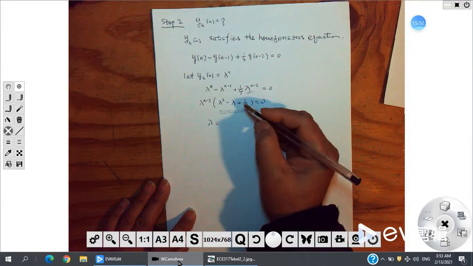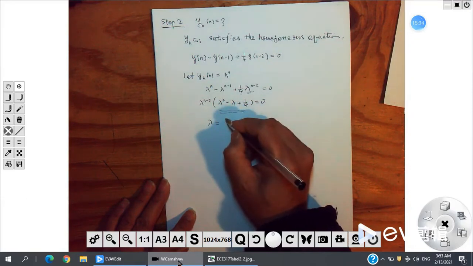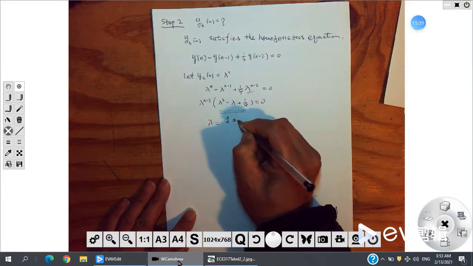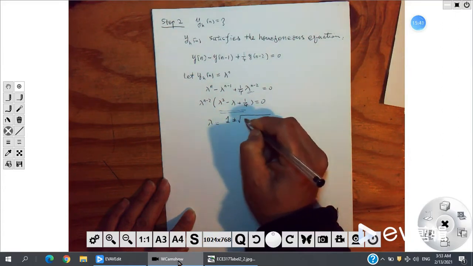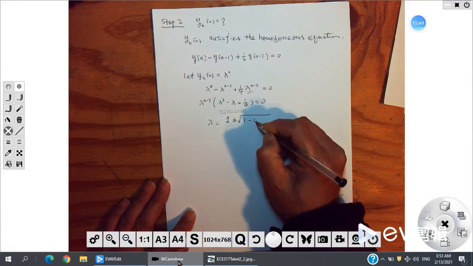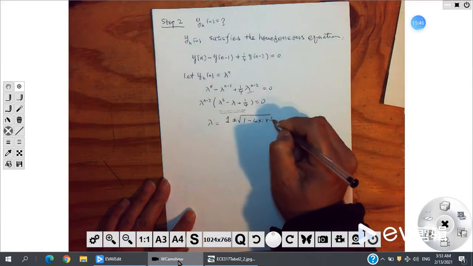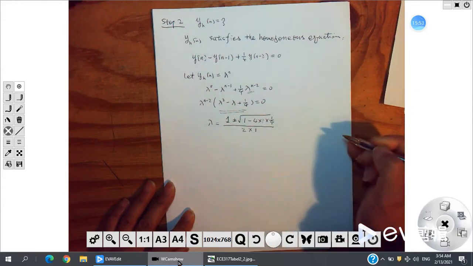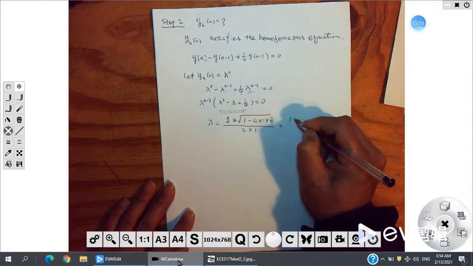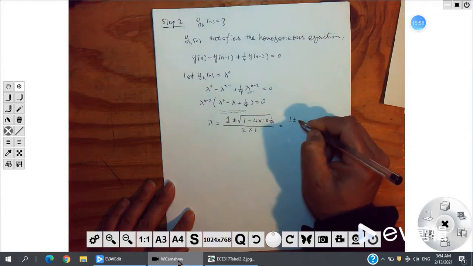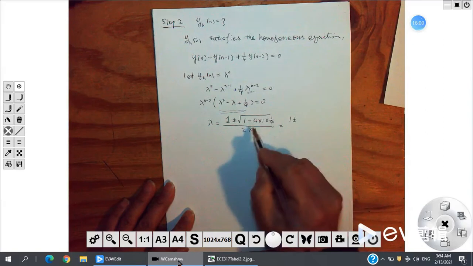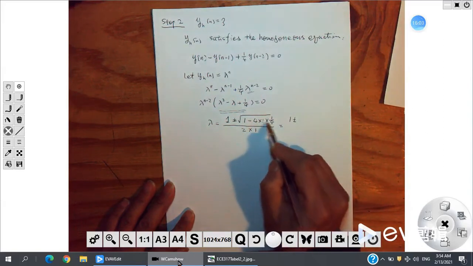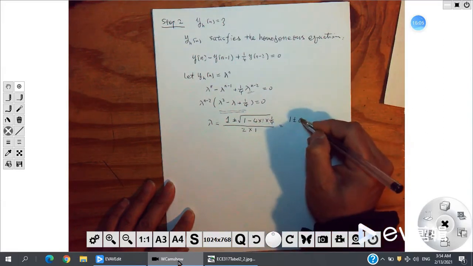So lambda equal to, we can just use the formula. It will be negative b, which is 1, plus or minus the square root of b squared minus 4 times a times c, over 2 times a. Alright, this is 1 plus or minus the square root of 1 minus 1, which is 0, over 2.